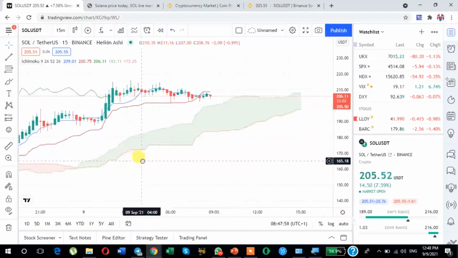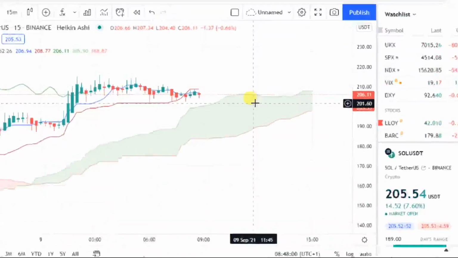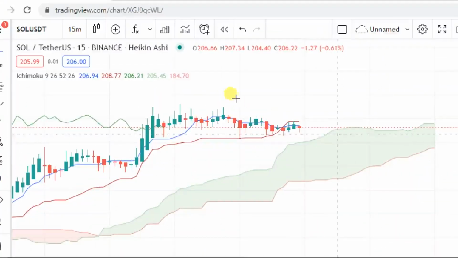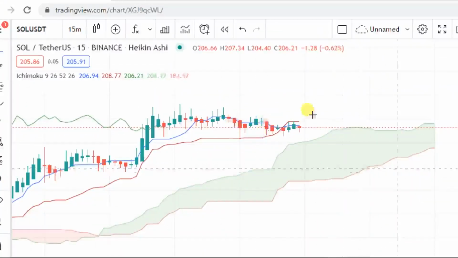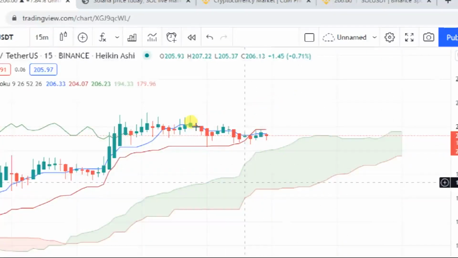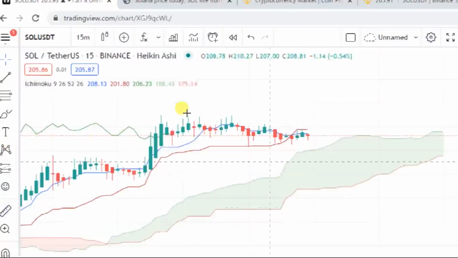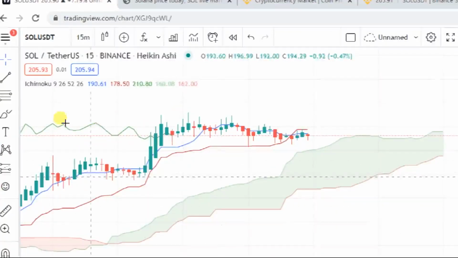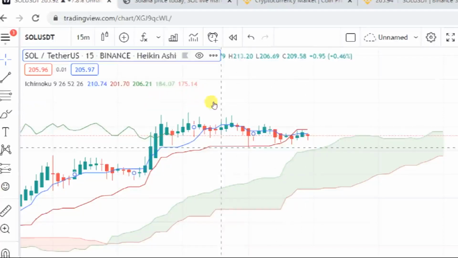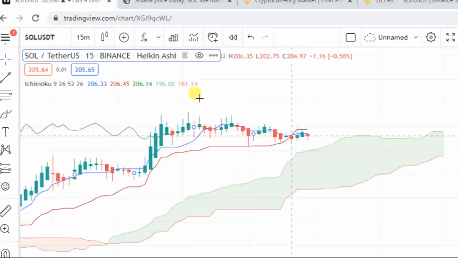When you check the 15-minute time frame, as you will see here, there are two options. This is a green line and here is the cloud, and this is a red line, and the cloud is also green. It means the market is going up, but here is another signal that the market is going down, because this red line is uptrend and conversion, and the blue line is downtrend.